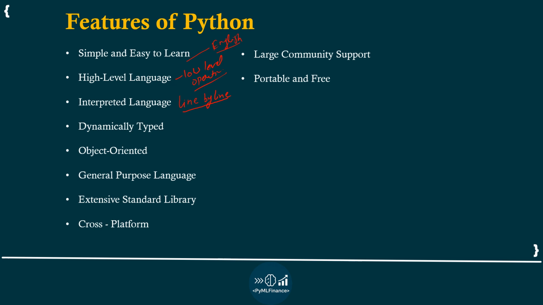Python is dynamically typed. In case of Python, you don't need to declare any variable data types. Python determines the data type at runtime. This is the reason Python is dynamically typed.